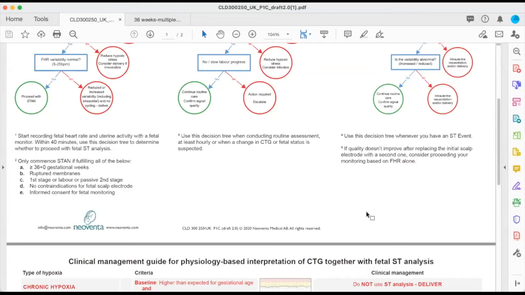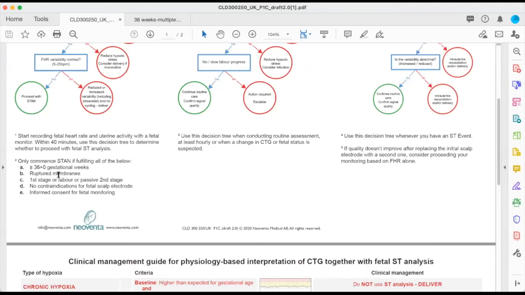Does that make sense? Okay. So that's why we don't use it less than 36 weeks. A, we have not tested it, and B, there may be a different mechanism or a not fully mature mechanism for glycogenolysis and energy provision.